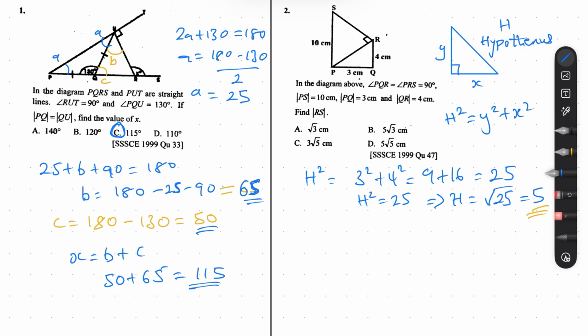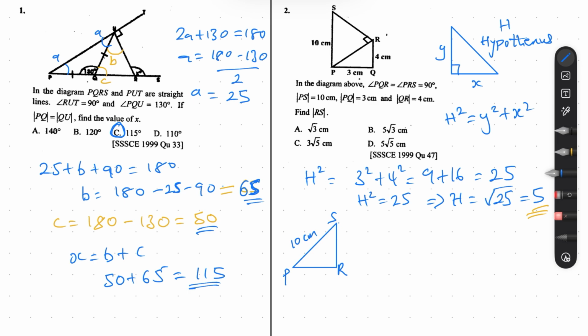It is like this. Then this is R, this is S, and this is P, and we have 10 centimeters.